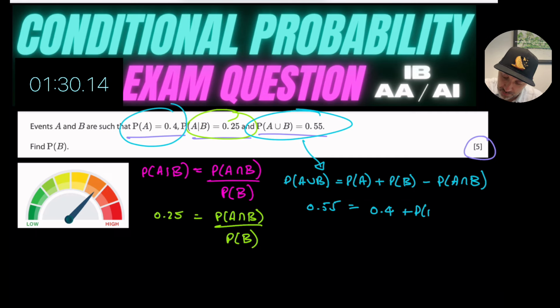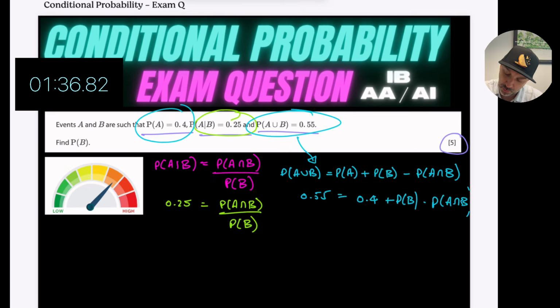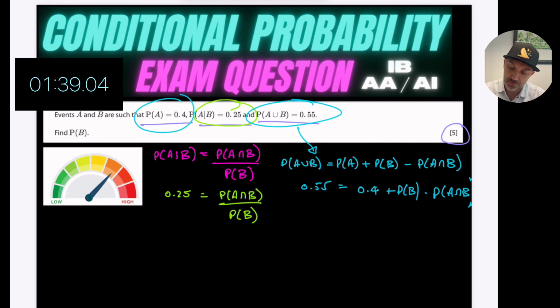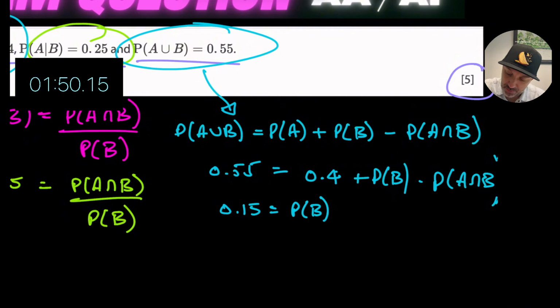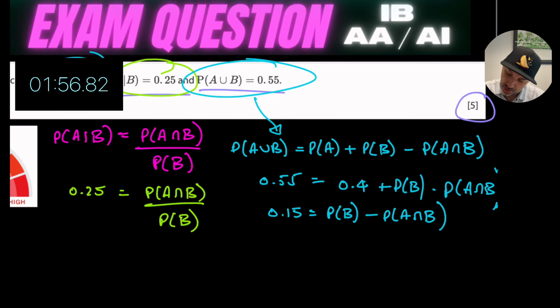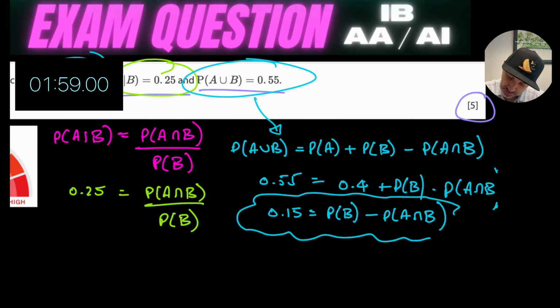Now, we still don't know P(B), that's what we're trying to find, and we still don't know the intersection. But we now have a situation where we have 2 equations and 2 unknowns. So I'm going to focus on the blue one down here. I'm going to take 0.4 off both sides. So this will then result in just P(B) minus the probability of A and B. Now I'll just highlight that for you, and the other one here.